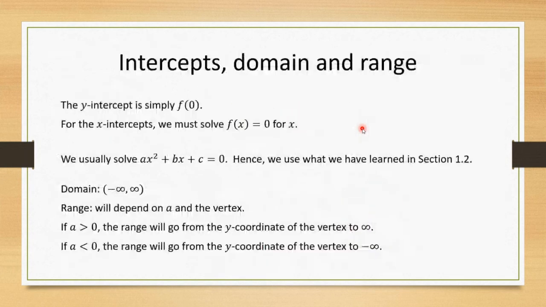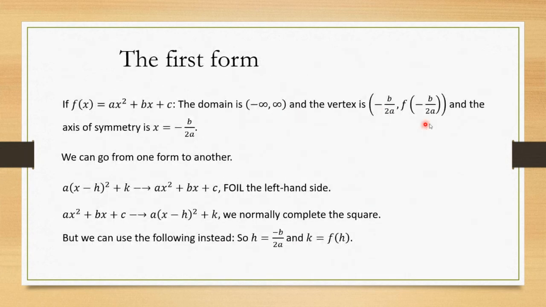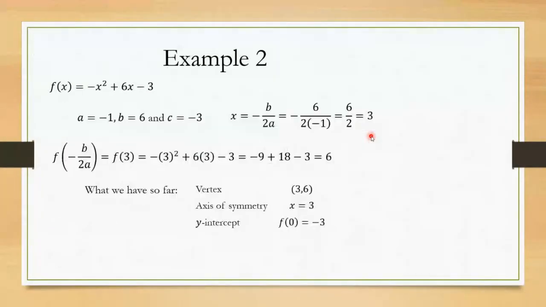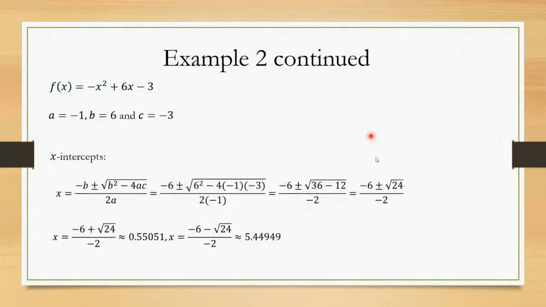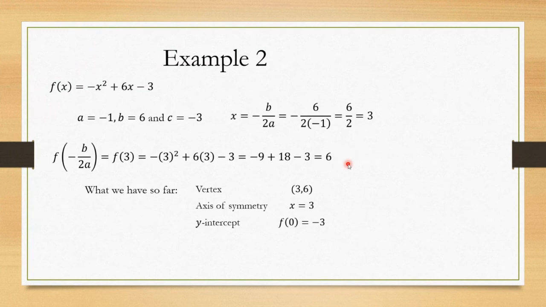Remember, let me see if I can get to it quickly. Right here, the vertex is this, right? So we have that. So, here we go. Wait, no, I think I went too far. Here we go. Sorry, went too far.